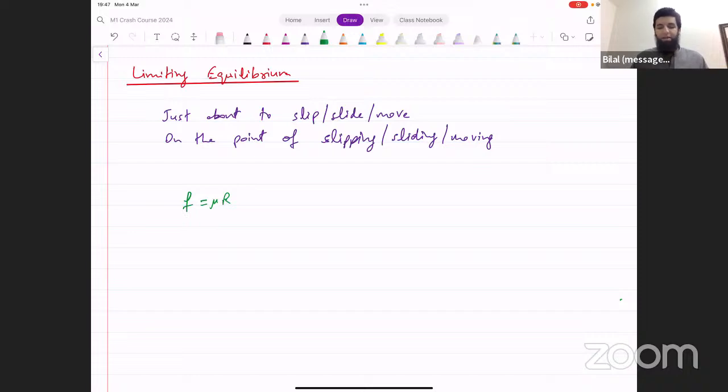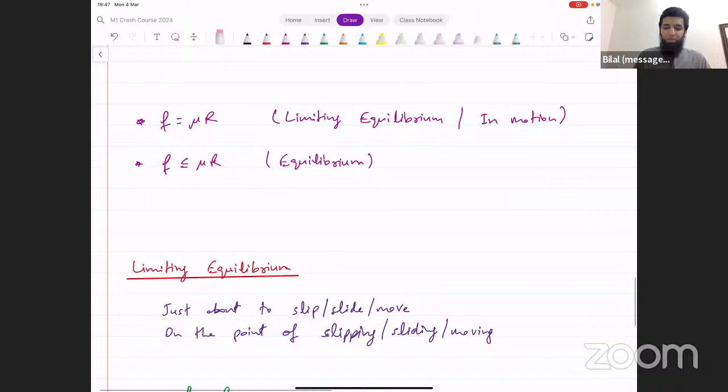These also indicate that the object is in limiting equilibrium. And whenever you have a limiting equilibrium, that should remind you that F equals mu R. F is not always equal to mu R. It's only equal to mu R when it's limiting equilibrium or when the object is in motion. Only in these two cases does this condition apply. So yeah, that's what we did in the last session.